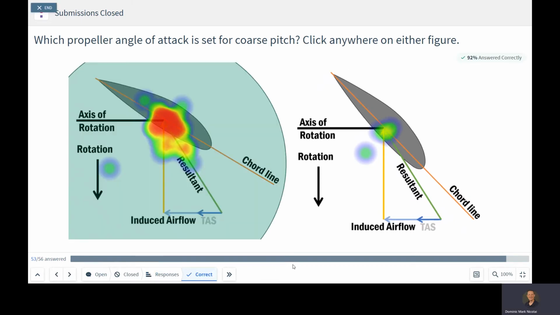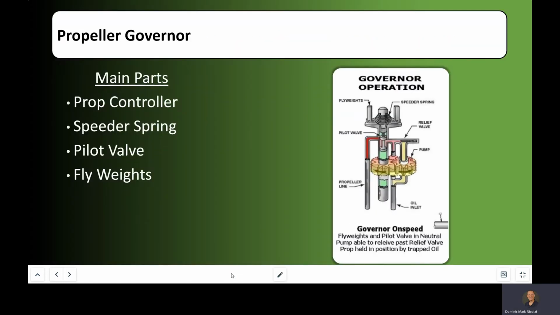All right, most of you did get that one correct. So the one on the left is the coarse pitch. That's what we would want in cruise flight. Higher blade angle. The one on the right is a fine pitch, small blade angle. That's what we use for takeoff there.